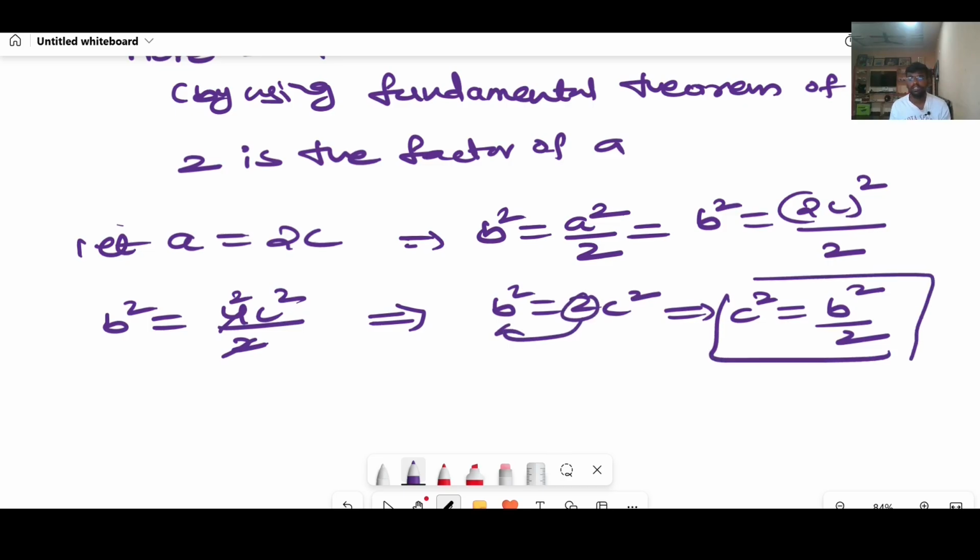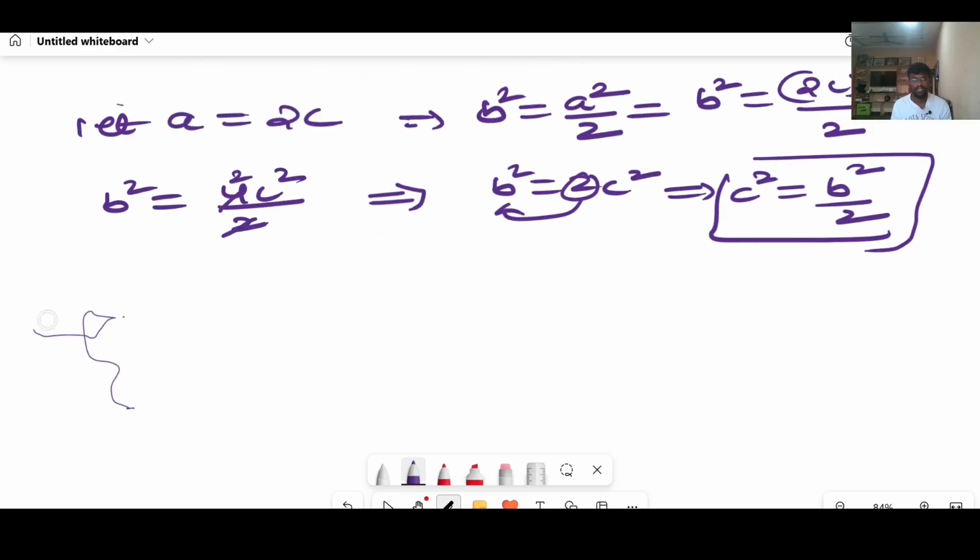And here we can say that b square is divided by 2, right? Or otherwise 2 divides b square.